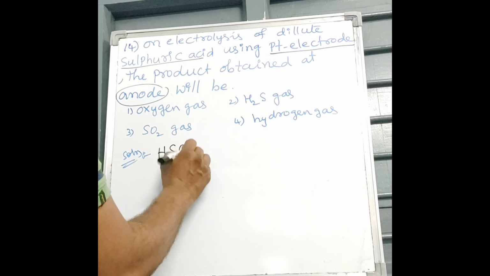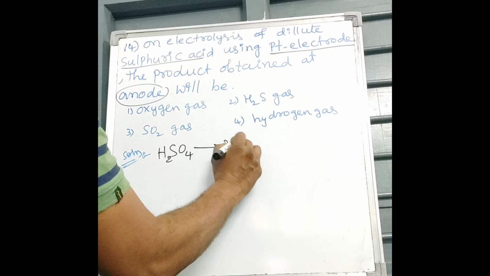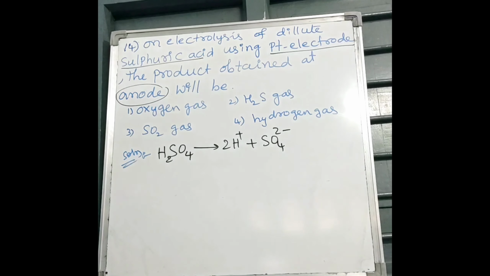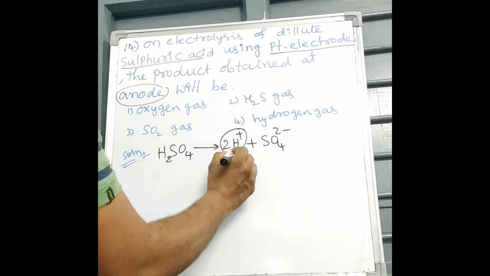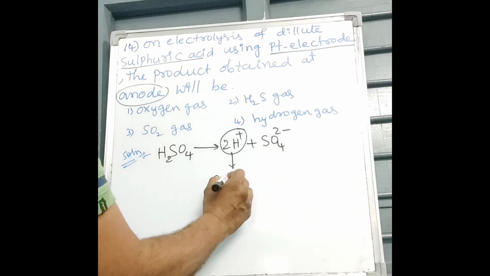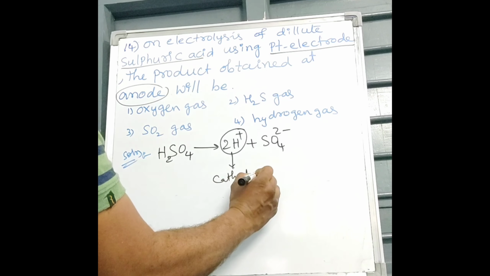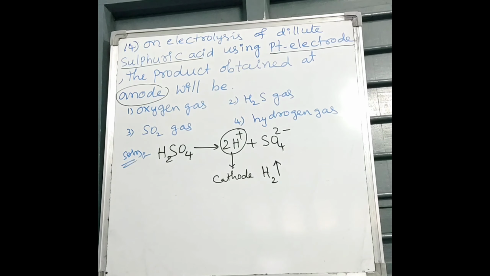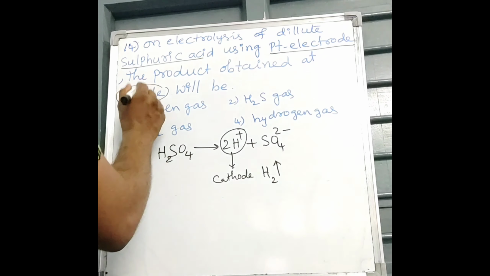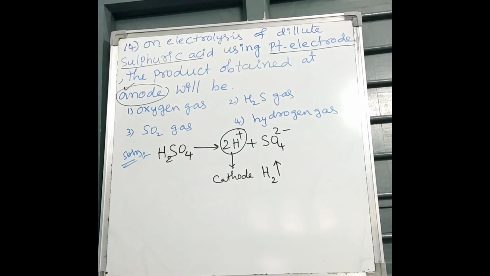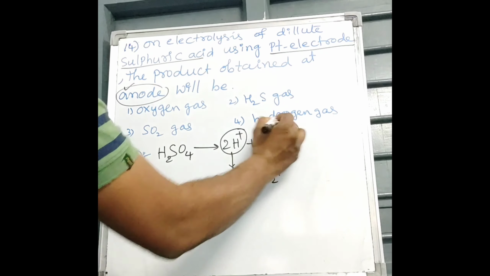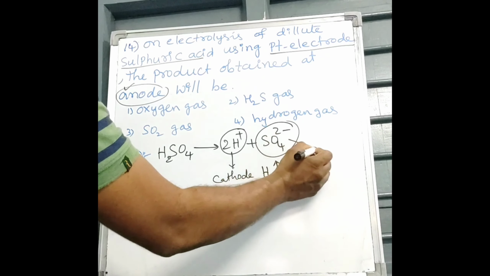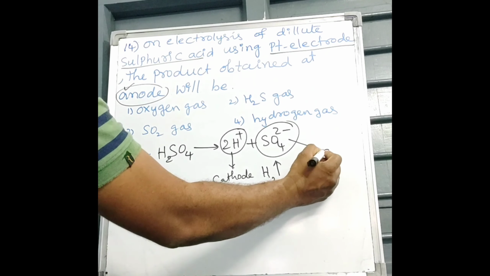H2SO4 ionizes and gives 2 moles of H plus ions and SO4 2 minus ion. H plus ions move towards the cathode and are liberated as hydrogen gas. So at the cathode hydrogen gas is liberated, but he is asking at the anode. SO4 2 minus is an anion which migrates towards the anode.